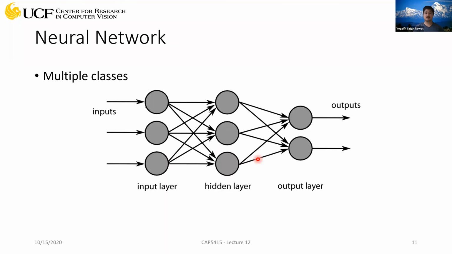Now for multiple classes, you don't have to change your network much. You'll just have to modify your output layer. And based on the number of classes you have, you will have to make that many predictions. Okay, so that's the only difference between binary classification and multi-class classification.